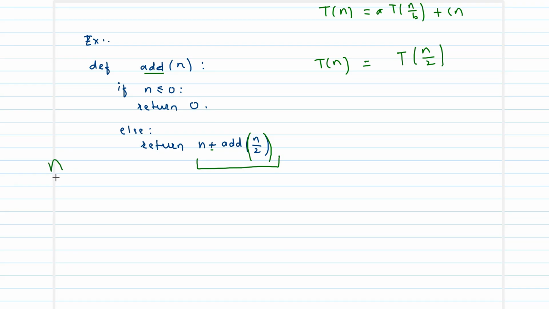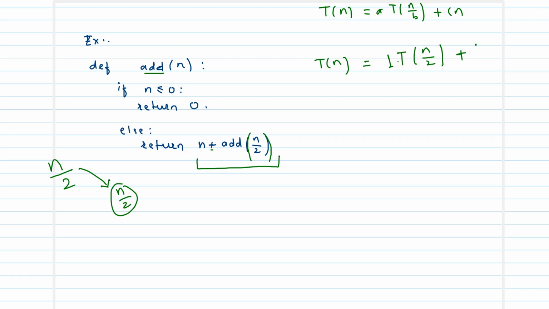So if n is just an integer, I have to just divide n by 2 and come back to the value of n by 2. So I am not dividing into two different sub problems. I am just taking one single value. That's why a is not going to be 2 here. We are just taking a is equal to 1 here. Okay, 1 into t of n by 2, and how much time will it need to divide n by 2?